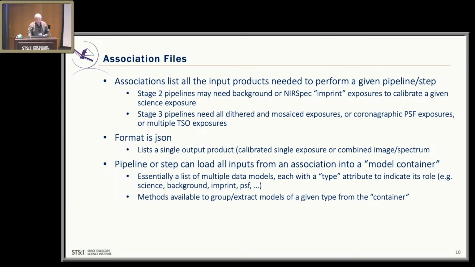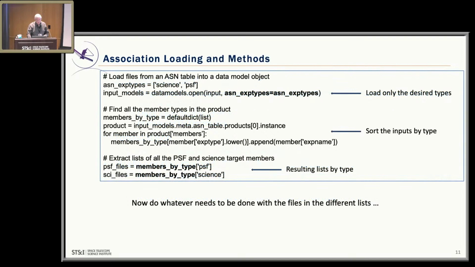I see my clock running down, so I'm going to move through here a little fast. Here's just an example of how you can work with associations from within Python. You can actually load an entire association at once if you want. Again, the data models library knows how to handle an association file.